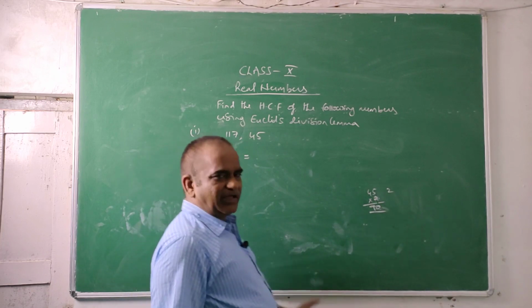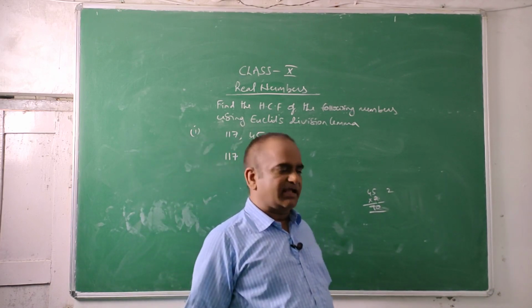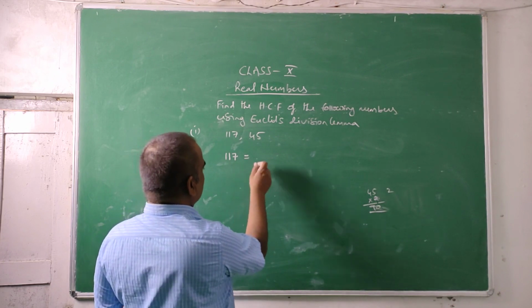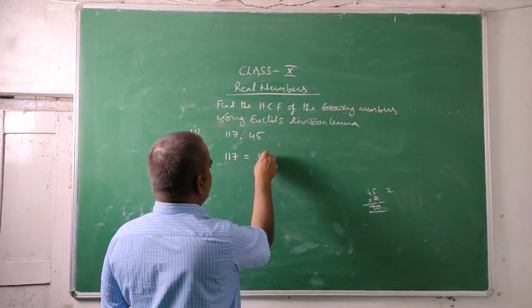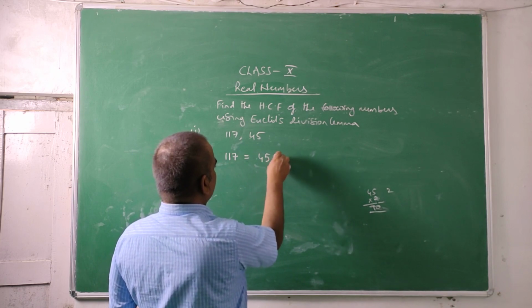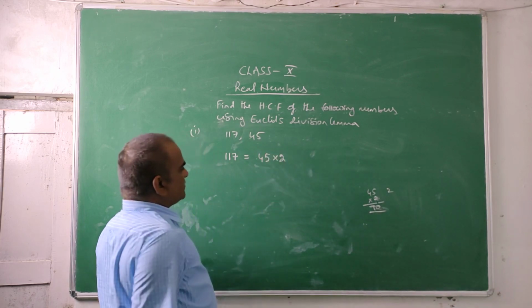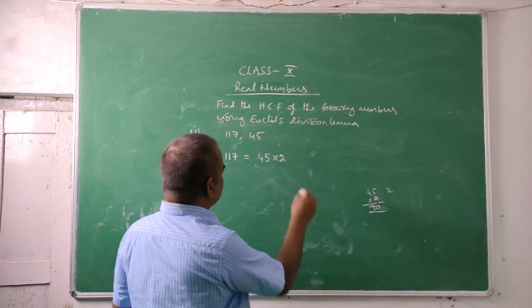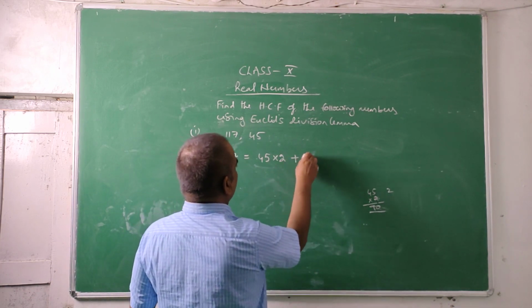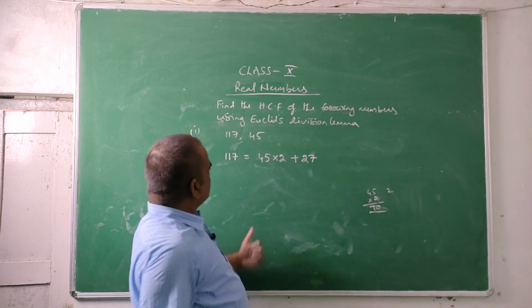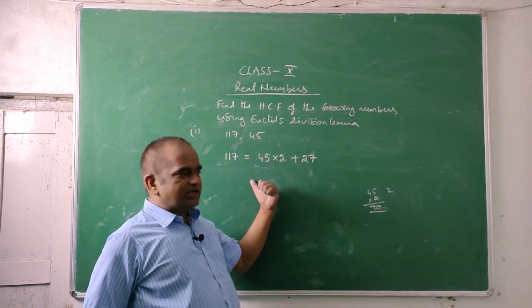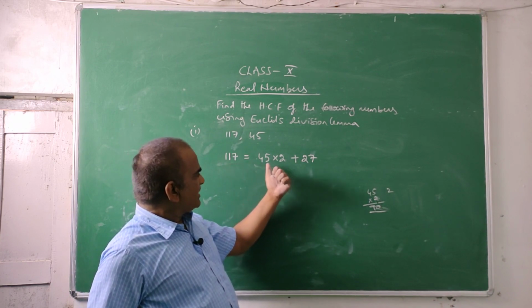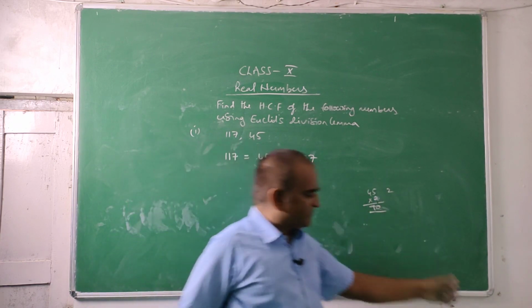So like this you can go into rough work and you can check. So 117 is equal to 45 into 2, which is 90. So how much has to be added? 27. So using Euclid's division lemma, 117 is equal to 45 into 2 plus 27.